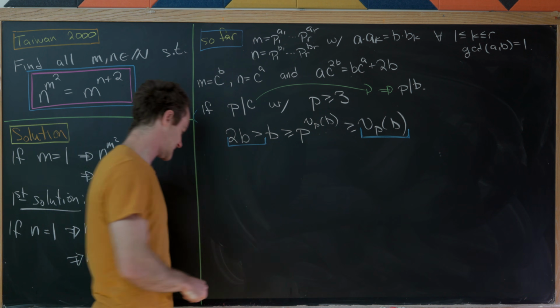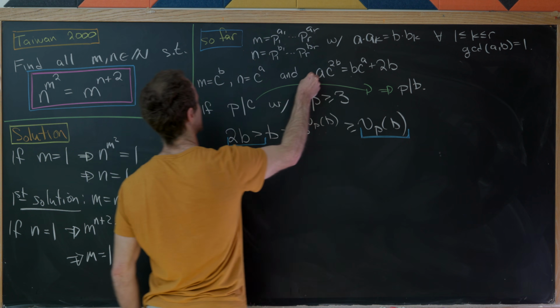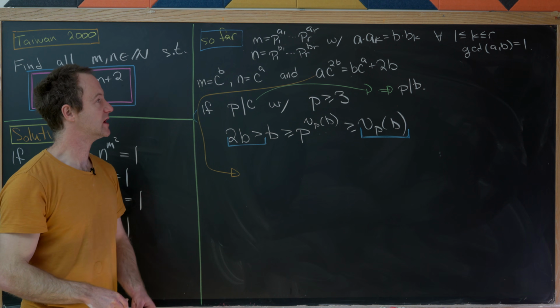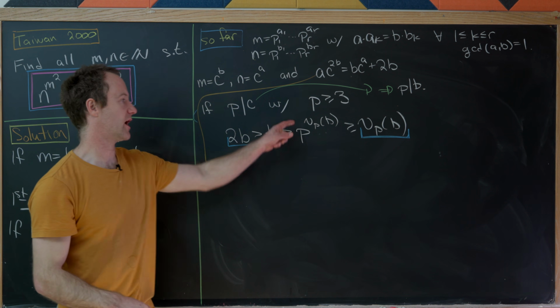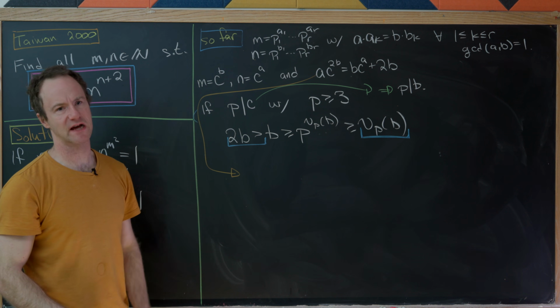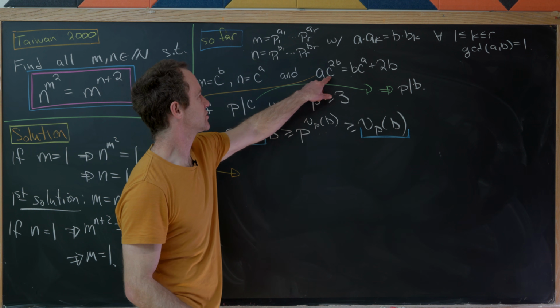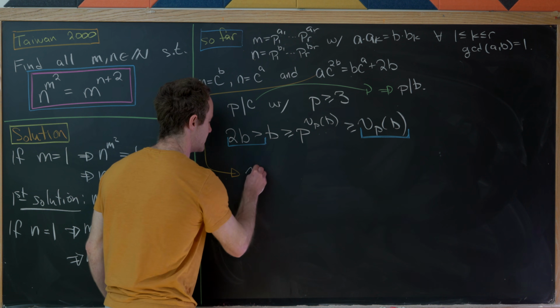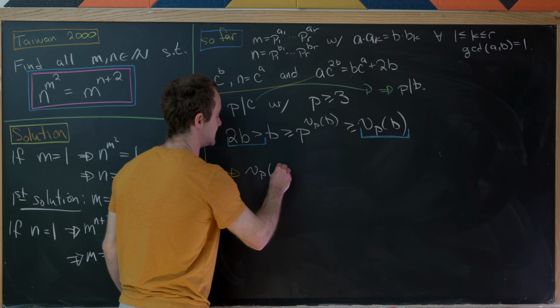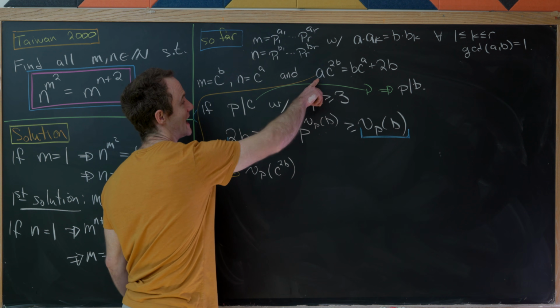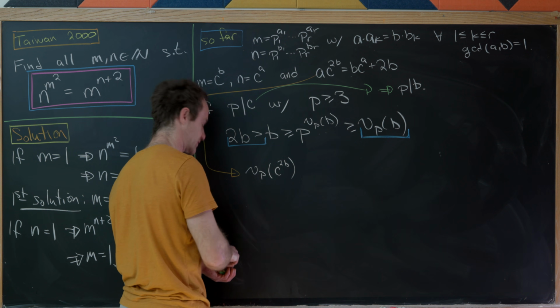And that's most definitely true. But now let's take our equation right here and show that it will actually lead to a contradiction. We'll do that by applying nu p to both sides. Applying nu p here will just give us nu p of c to the power 2b, because a does not contain a factor of p.